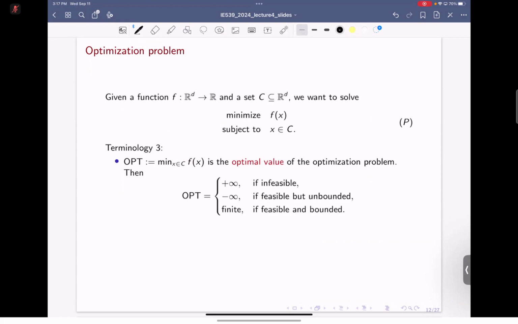And if the problem is feasible but unbounded, again, that means that you can decrease the function value as much as possible. So in that case, you're setting the value as minus infinity. And if the problem is feasible and bounded, then the optimum value has to be finite.